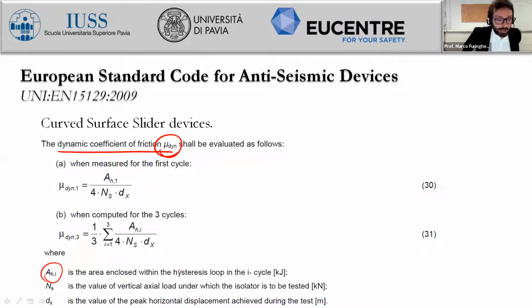And actually, it is exactly what we have called energy dissipated per cycle. So this is EDC. Okay, and you see that this is a sort of average friction coefficient per cycle.